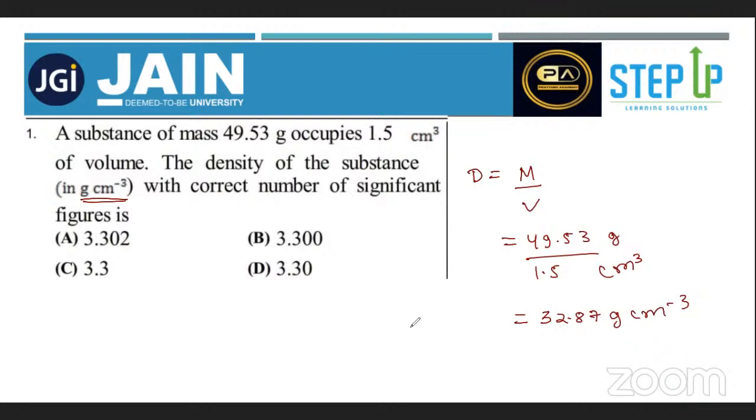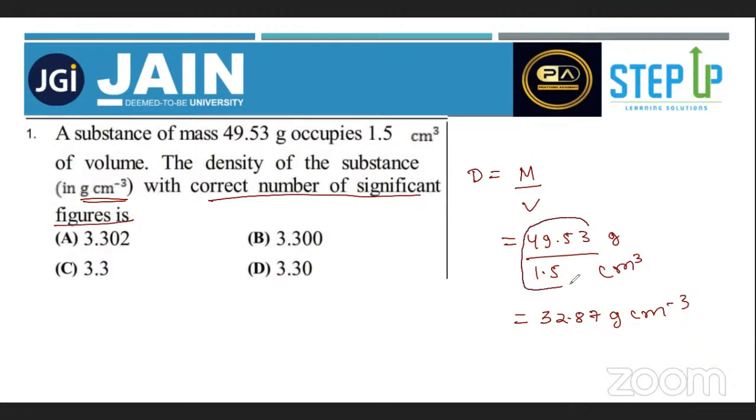Further, if you see the options, they haven't specified how many significant figures I have to give. I have to give the density of the substance with the correct number of significant figures. So how do I decide that?